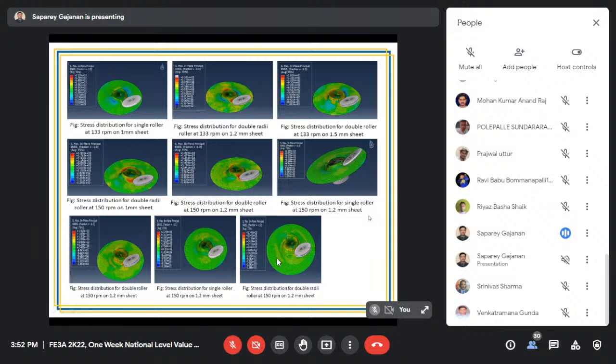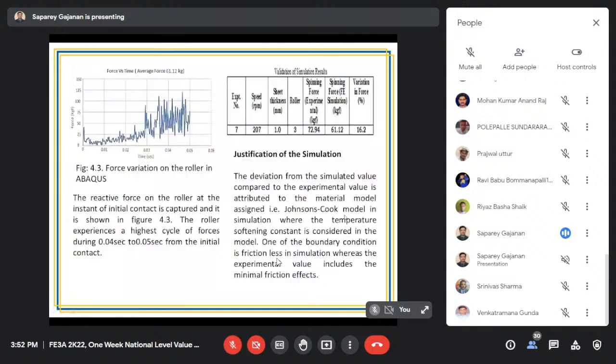So for the different stages, using the single roller and double roller, validation is important. When you do the physical experimentation, the values obtained should be matched with the simulation values. So we have seen the simulated force and the experimental force.